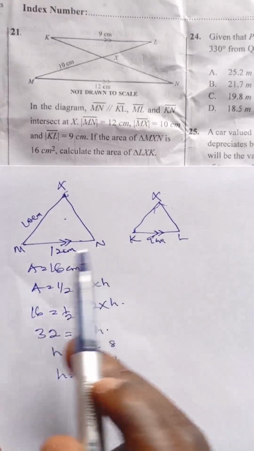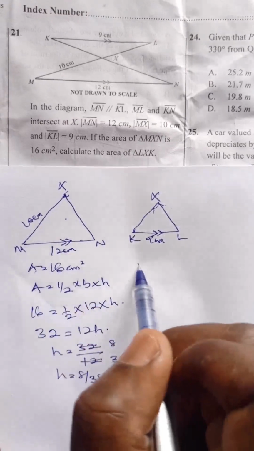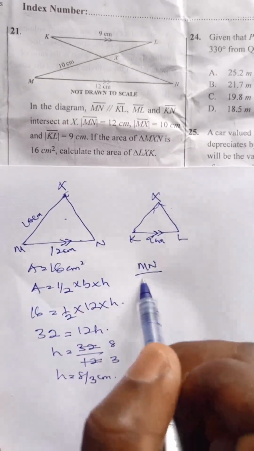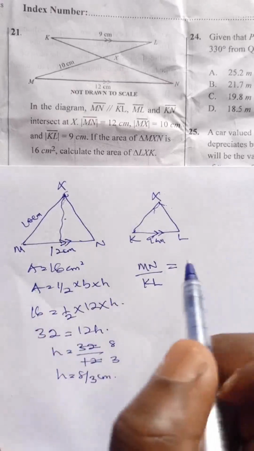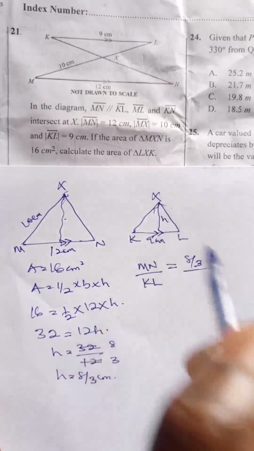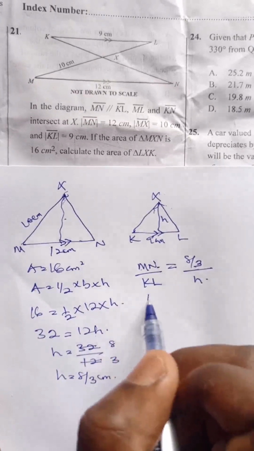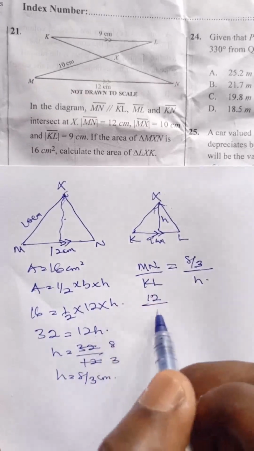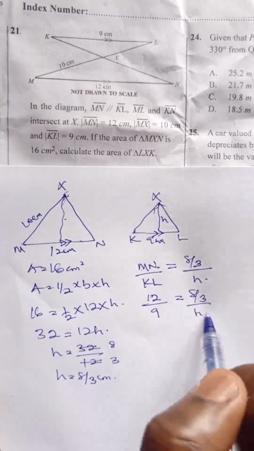If you look at these two triangles, you can see that they are similar triangles, which means that side MN over side KL can be equal to the height of this one, which is 8 over 3 that we just calculated, divided by the height of this one, which is h. From here now, side MN is 12 over 9, which is side KL, is equal to 8 over 3 divided by h.